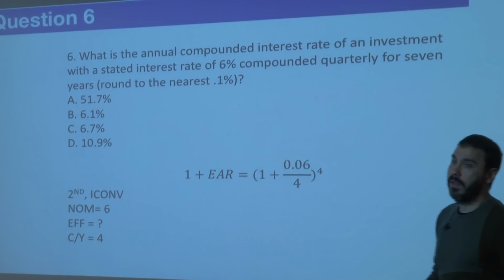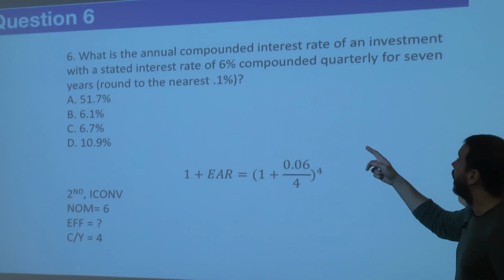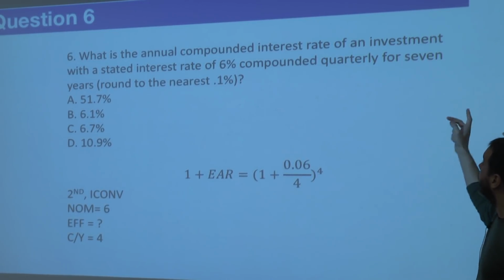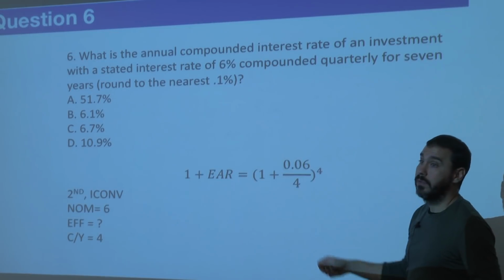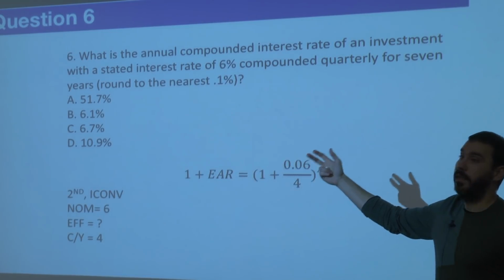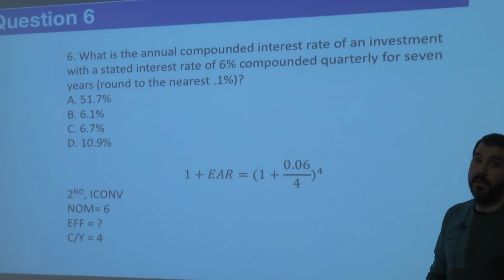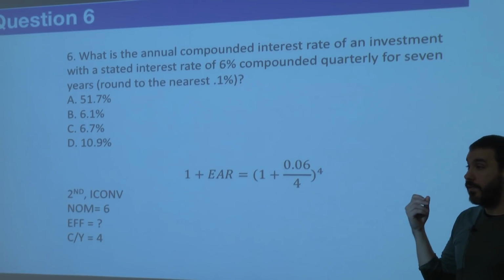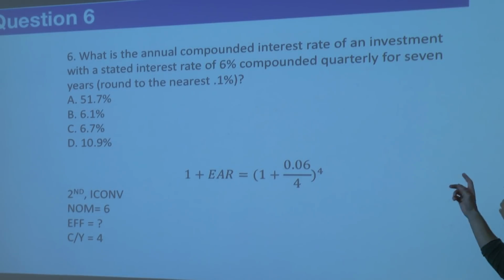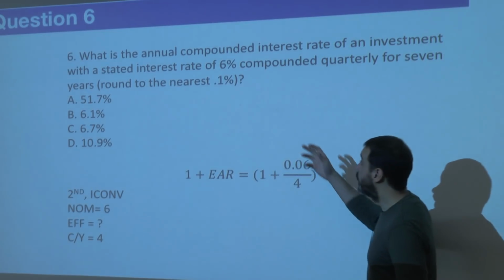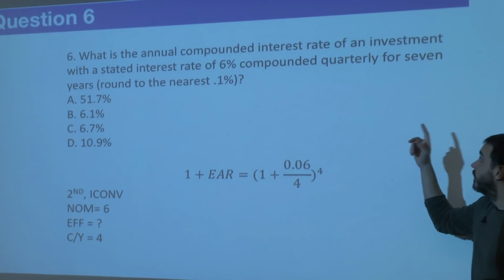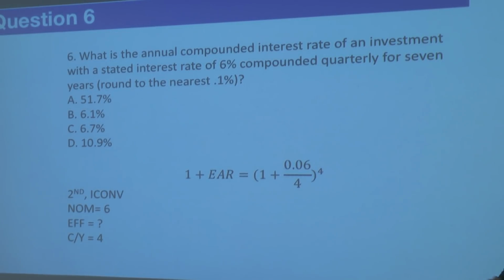So that would matter if I were asking you, if you put $1 in this investment account, what does it grow into after 7 years? But here we are just trying to figure out what is the effective rate of return of this investment account, given that the only thing we are told is a stated rate for the year, but actually this account compounds quarterly.